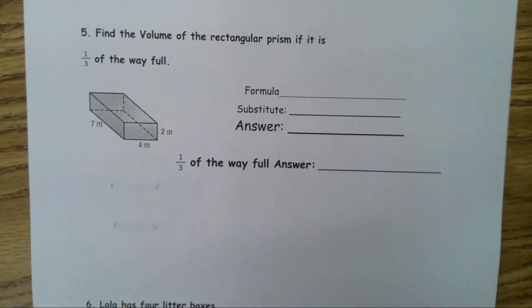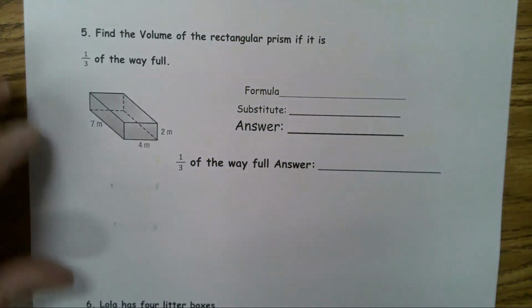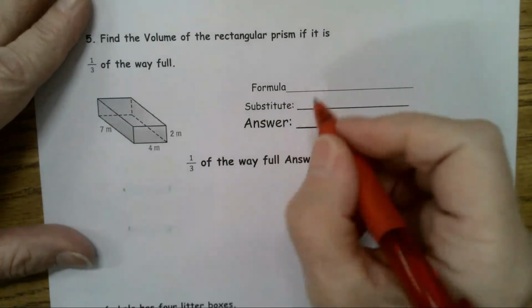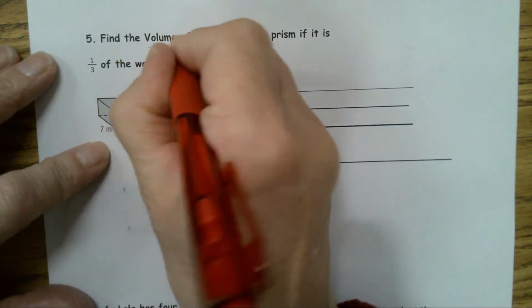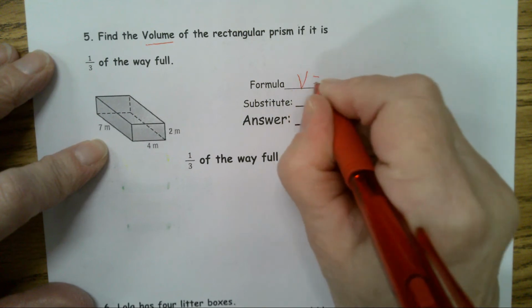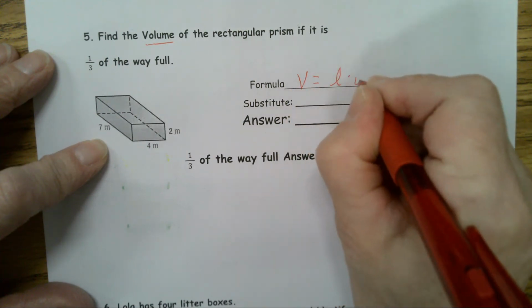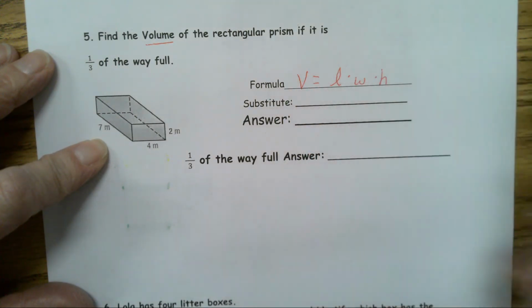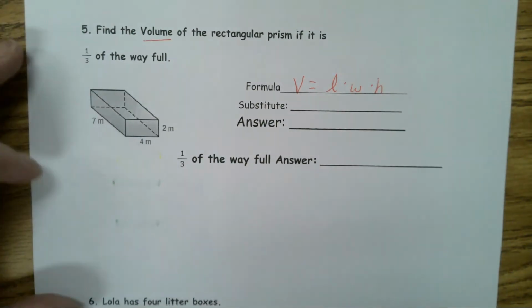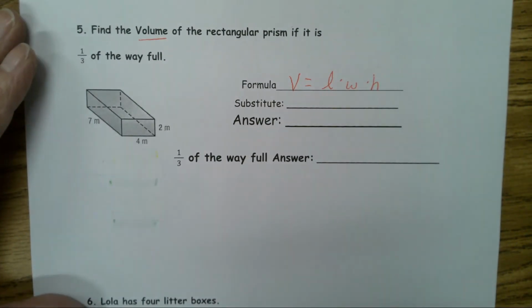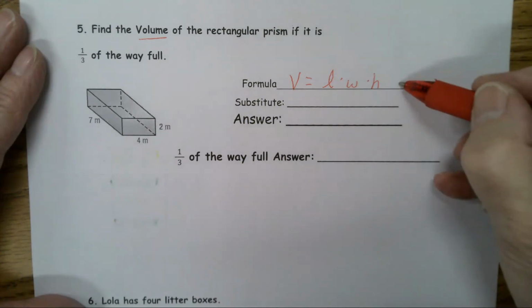Number 5. Find the volume of the rectangular prism if it is 1/3 full. Okay, formula. Volume formula, V equals length times width times height. Now, I have not seen what your test is going to look like next week, but last year we gave you points for writing down the formula.